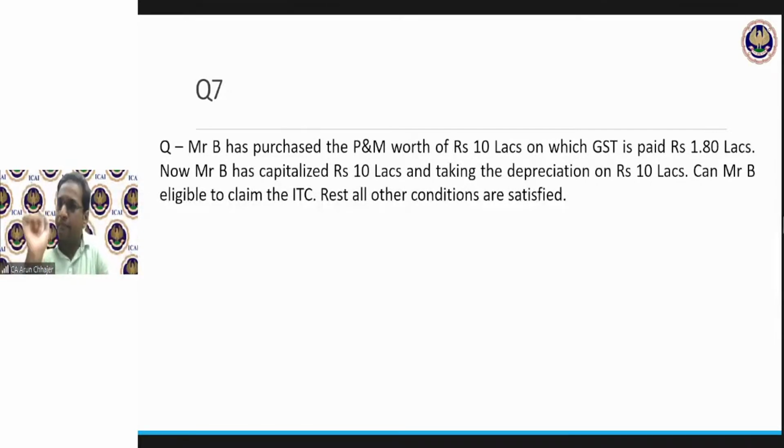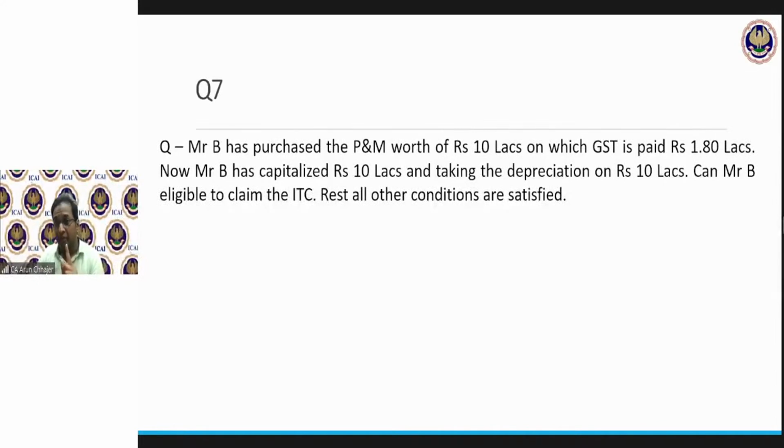They are only saying one simple thing, that I will not give double benefit. When will I not give double benefit? If you have charged depreciation on both 10 lakh plus 1,80,000, that is, if you have claimed the depreciation on both taxable value plus tax part, then I will not give the ITC.